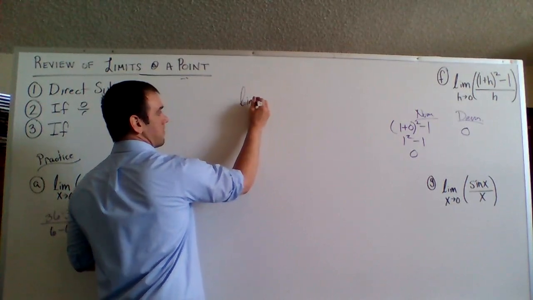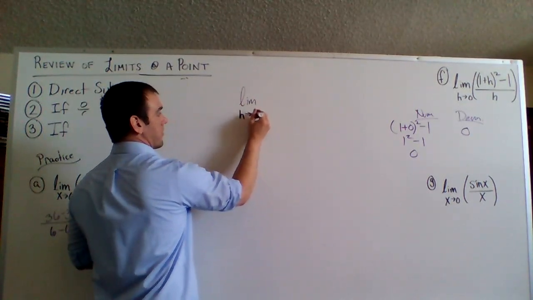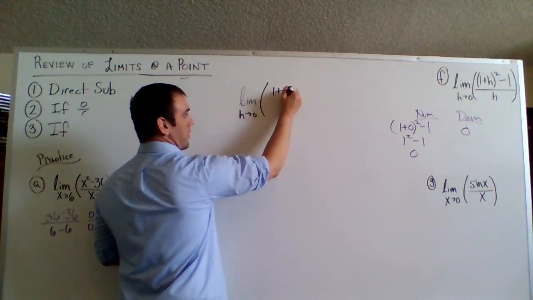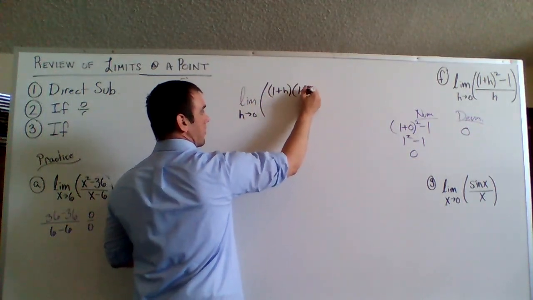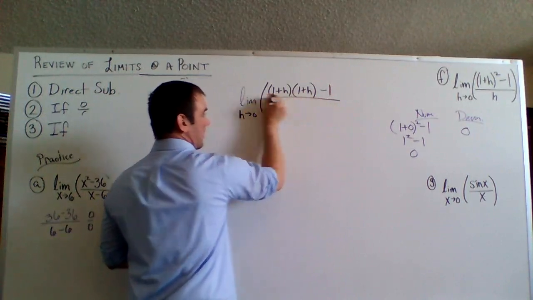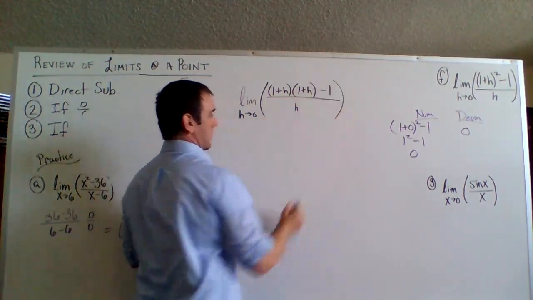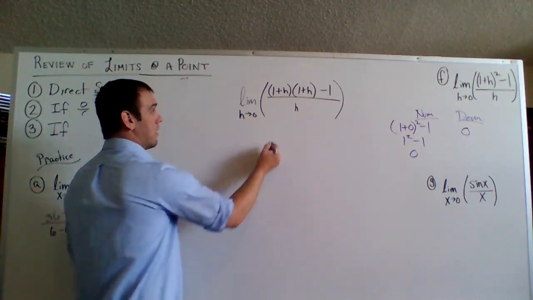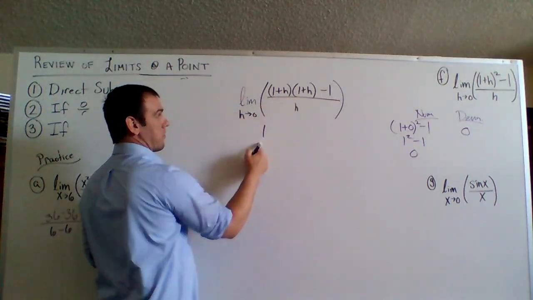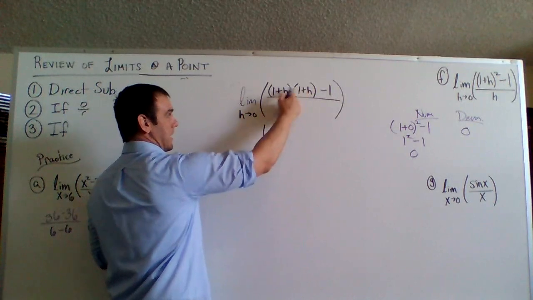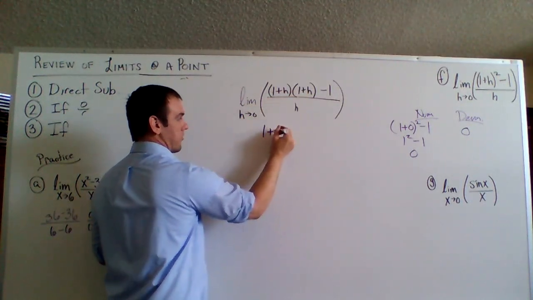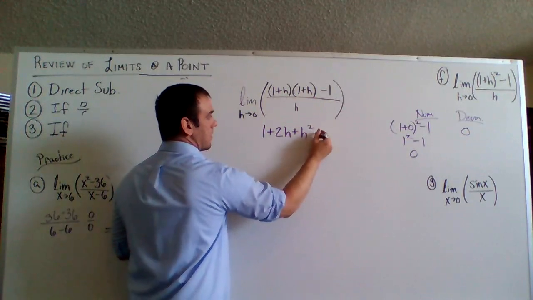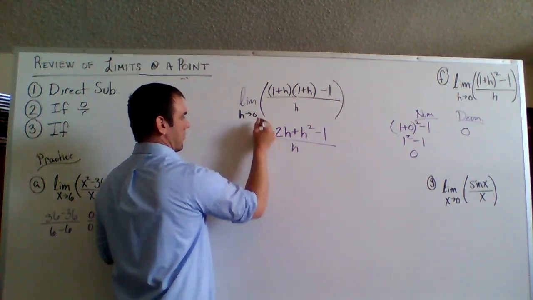We've got the limit as h approaches 0 of, okay, so remember when we expand, this is 1 plus h times 1 plus h, all minus 1, all over h. Okay, so when we multiply this all out, we're going to get 1 squared, which is 1, plus h, which is 2h, plus h squared, minus 1 all over h.